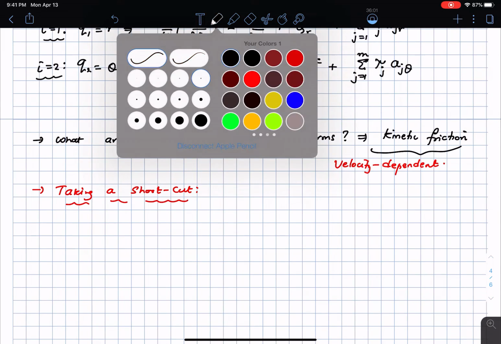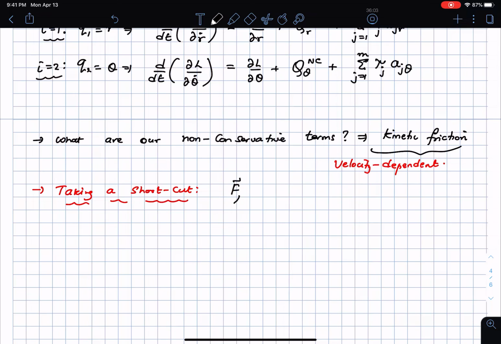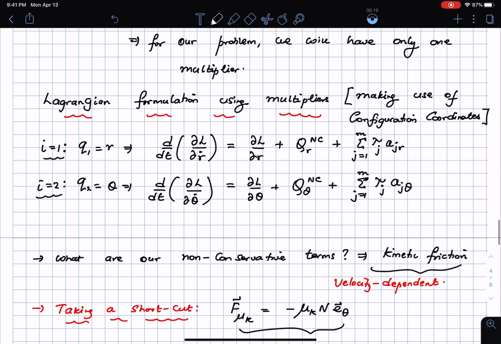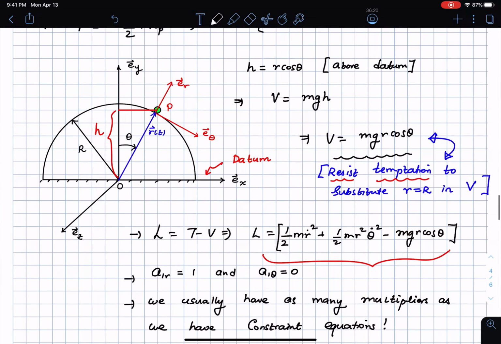Taking a shortcut, we can see that F mu k is going to be minus mu k times the normal force times E theta. That's something that you want to keep a note of. The position vector where this force acts is essentially where the particle is sitting at that point in time.